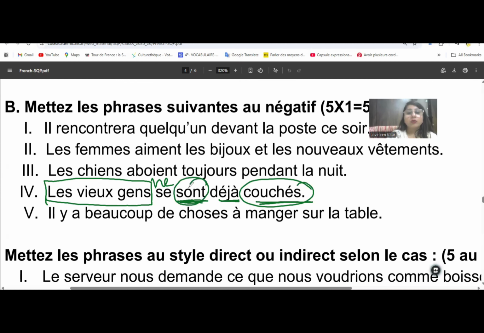So if two verbs are there, one a past participle, one a helping verb, doesn't matter, we'll remove déjà and we'll put pas encore here only. Right? So it is "les vieux gens ne se sont pas encore couchés". Means the old people haven't gone to bed yet. So déjà will go and pas encore will come here and ne will come before the verb here. Right? Now let's see the next one.